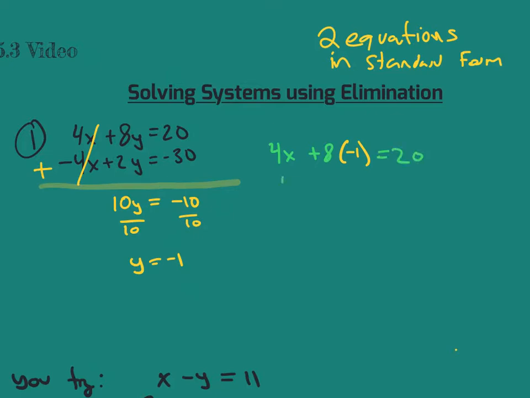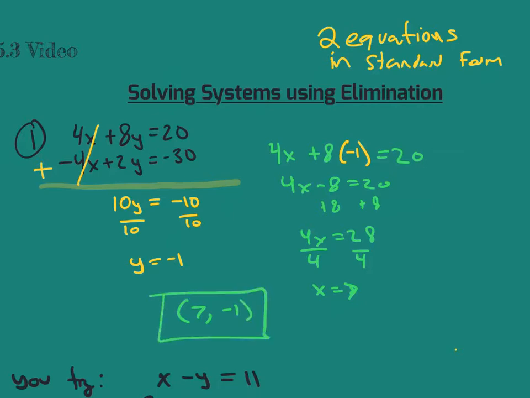And then that's 4x minus 8 equals 20. Add 8 to both sides. We get 4x equals 28. Divide by 4, and we get x equals 7. So my answer here is the ordered pair 7, negative 1. X is 7, y is negative 1.